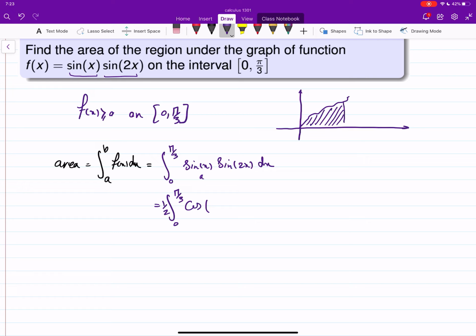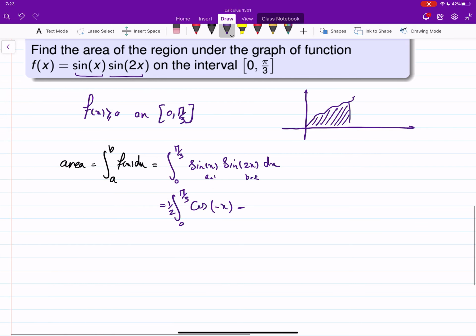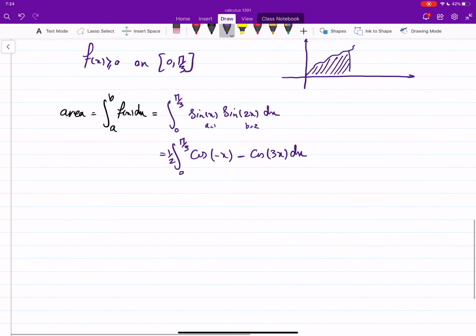A here is x, B here is 2x. So A minus B is minus x, minus half. Well, I already put half outside. So minus cosine of A plus B x. So that is 3x dx. Okay.